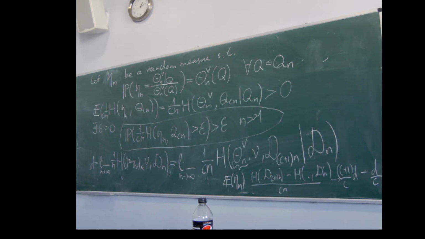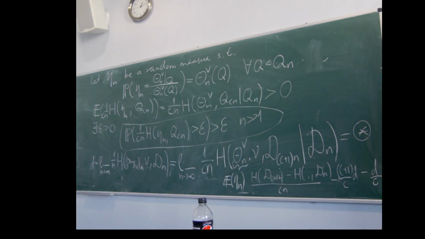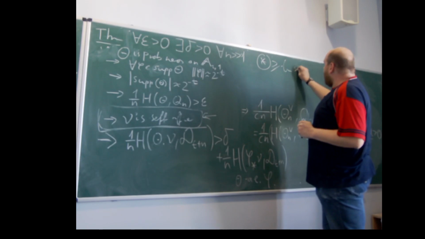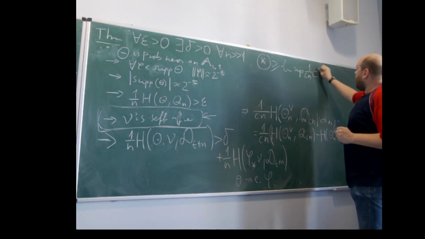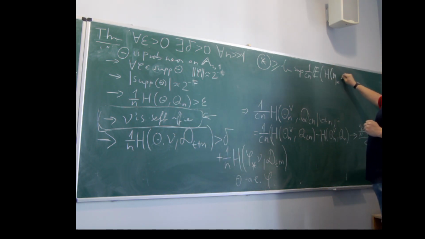So if you use the convexity of the entropy, you see that, okay, maybe not a limit, but a limsup of 1 over Cn, the expected value of this random measure on nu d c plus 1n.